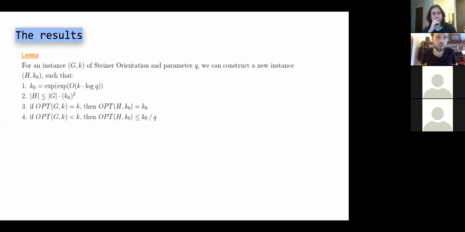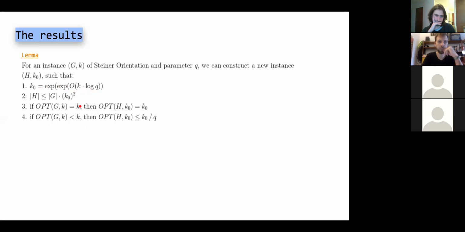Let me summarize the implication of this reduction. When we are given an instance of Steiner orientation and some parameter q, we can make a new instance with a parameter being this big.